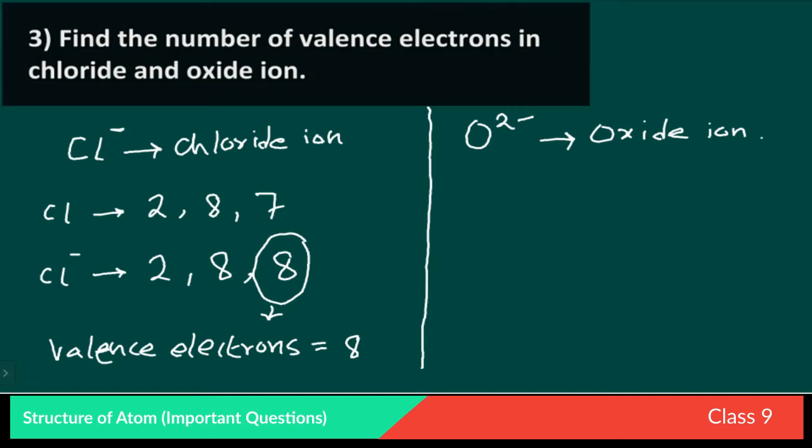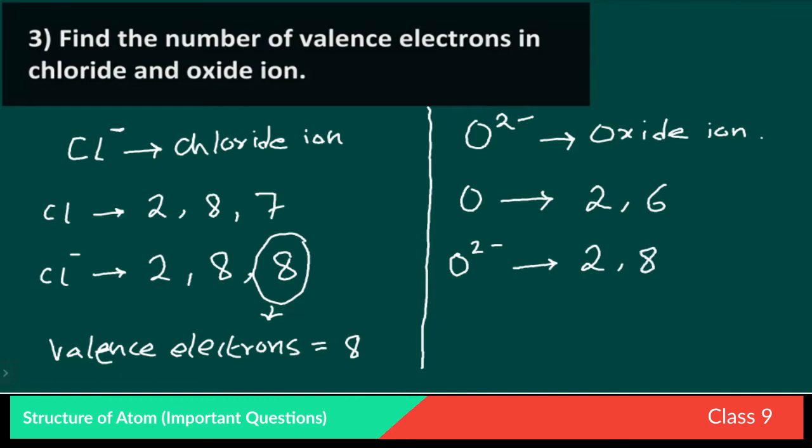Similarly, if we apply it on oxide ions, at first we have to write down the electronic configuration of oxygen, and that is 2, 6. Now, for oxide ion, the symbol is O2-. That means 2 electrons have been added. That means in the outermost shell, we have to add 2 electrons. So this 6 will be 8.